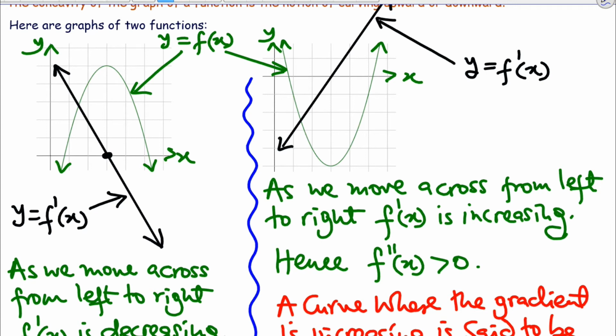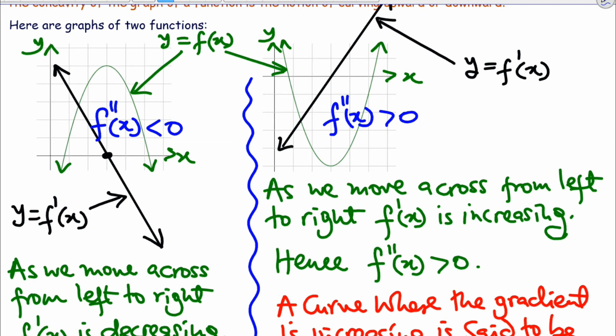What I mean by that is this. Here on the left we said this is concave downward because the slope of the slope, or the slope of the straight line, is less than zero. But here, if the slope of this straight line, the slope of the gradient, is greater than zero, then the curve is said to be concave upward.